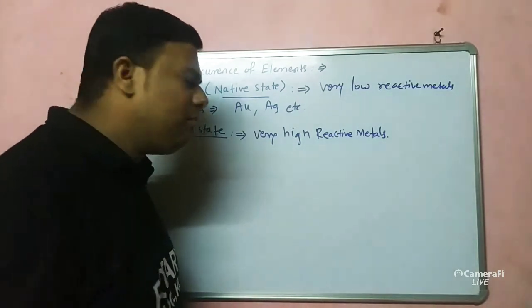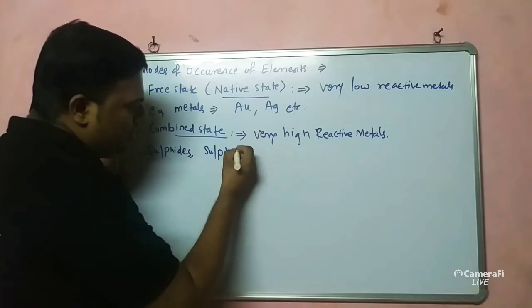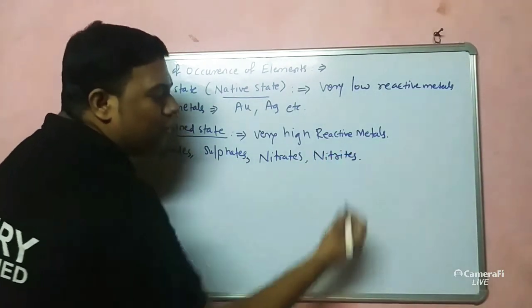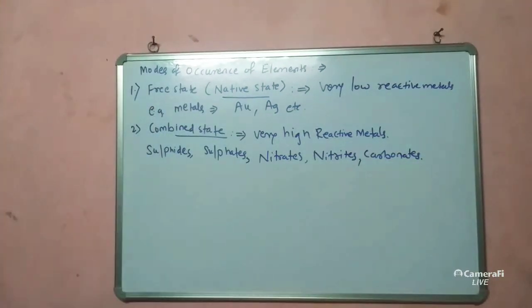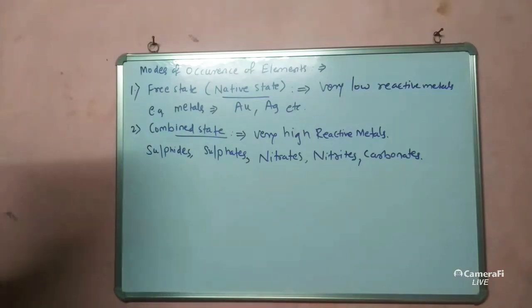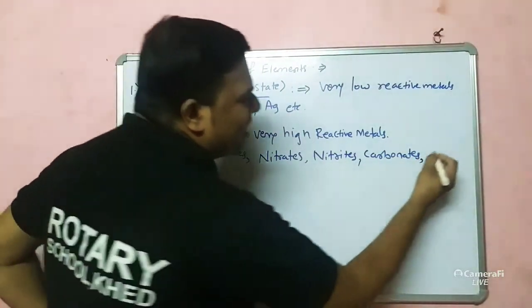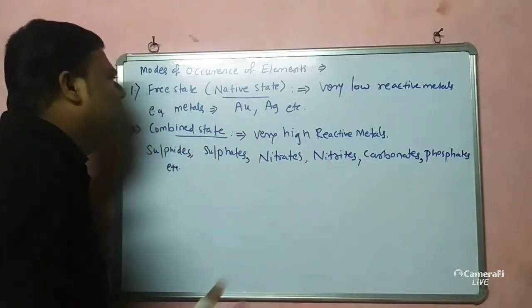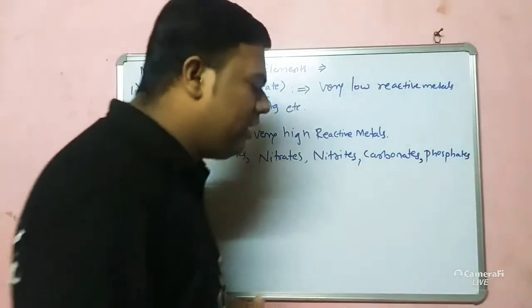In what form? They occur as sulfides, sulfates, nitrates, nitrites, carbonates, phosphates, etc. So these are the modes of occurrence of elements: free state and combined state. I hope you understood this clearly.